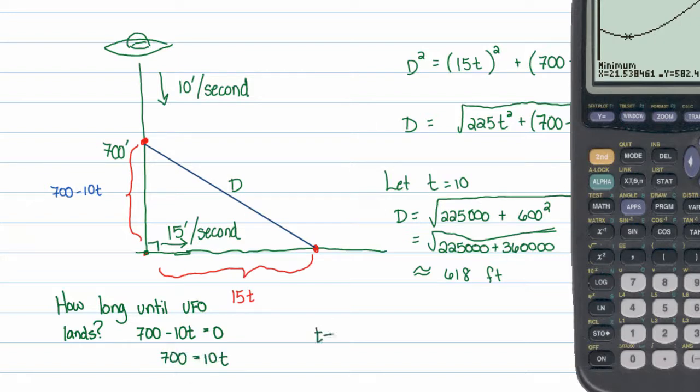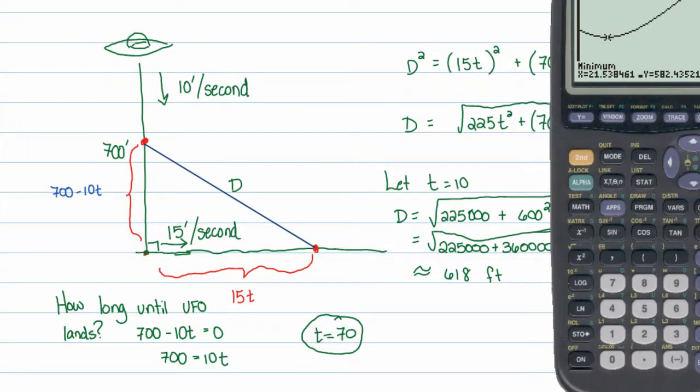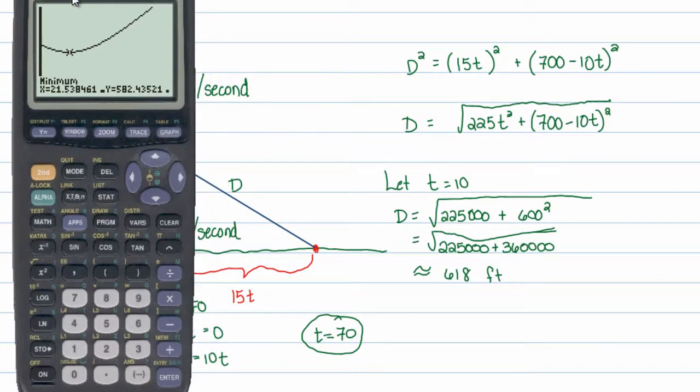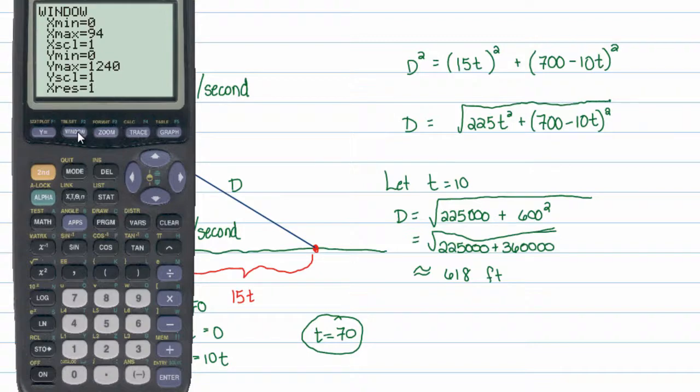Divide both sides by 10, and I get this. T is equal to 70. So 70 seconds, it takes 70 seconds for that UFO to land. I have 70 seconds of running until they land and destroy everybody on Earth. So let's adjust the window here to not go to 94 seconds, but instead just to 70.